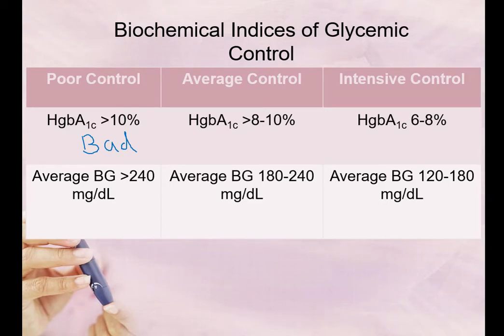These biochemical indices show whether the patient is in poor control, average control, or intensive control according to the hemoglobin result.